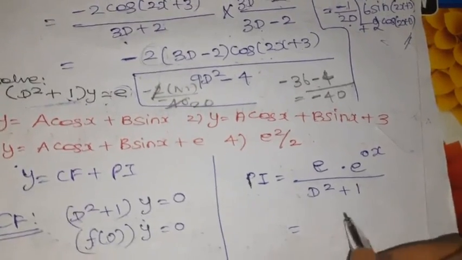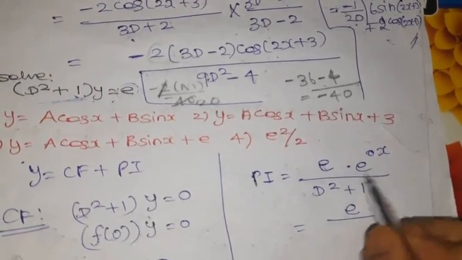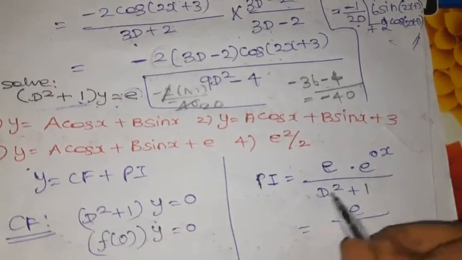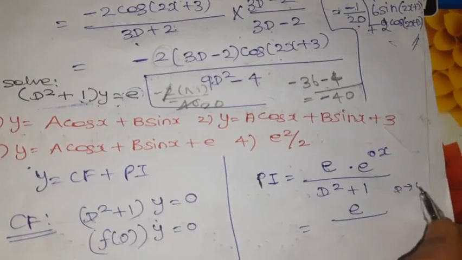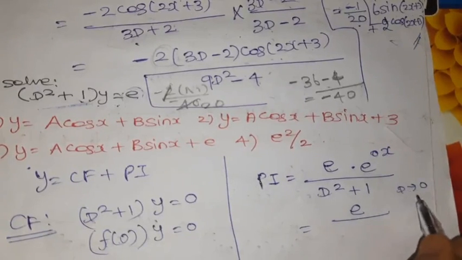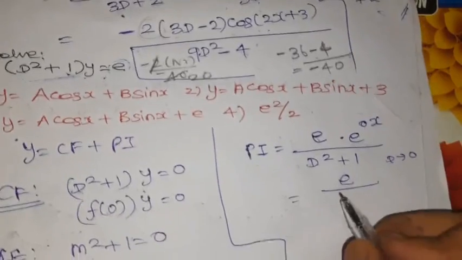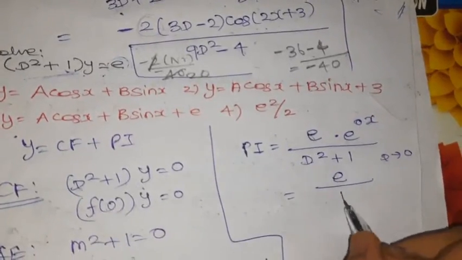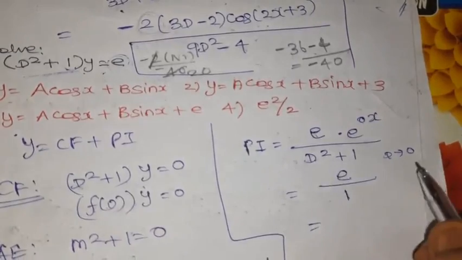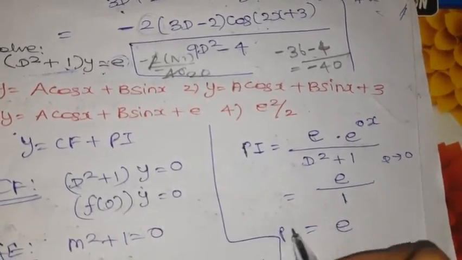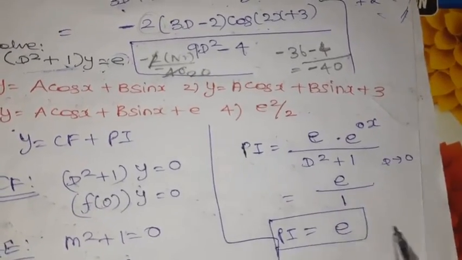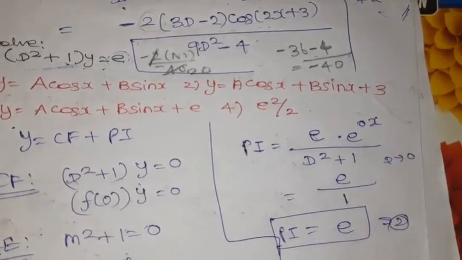Then we are getting 0, so just replace D by 0. Whenever an exponential term comes, we should replace D by the coefficient of x. So D is 0, and this term will be 1. So the particular integral is e alone. So it is equation 2.